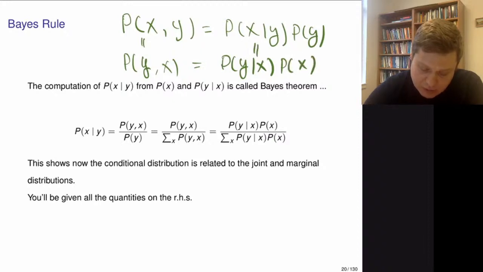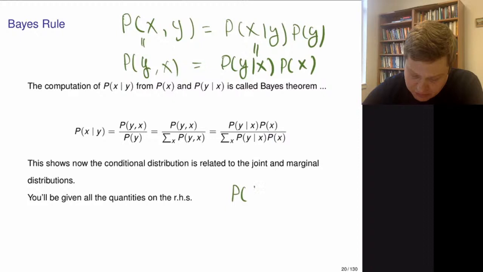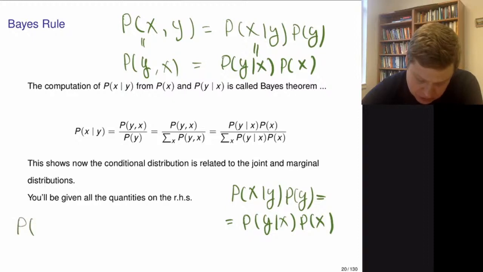So now those two are equal to each other. From this equality, let's write it down: probability of x given y times the probability of y equals the probability of y given x times the probability of x. Now if we divide both sides by the probability of y, then on the left hand side we just have the probability of x given y.